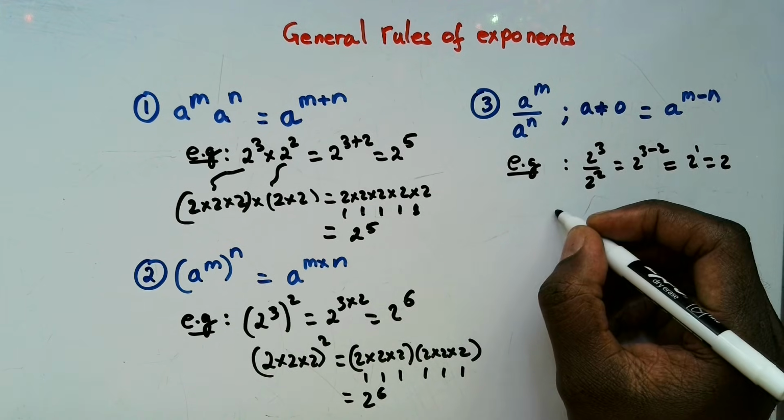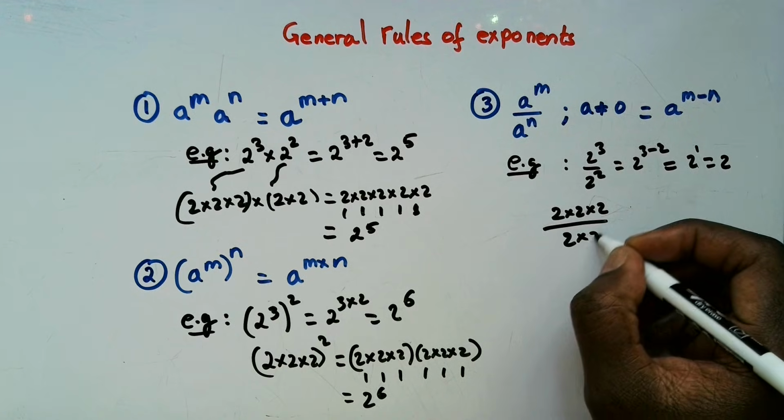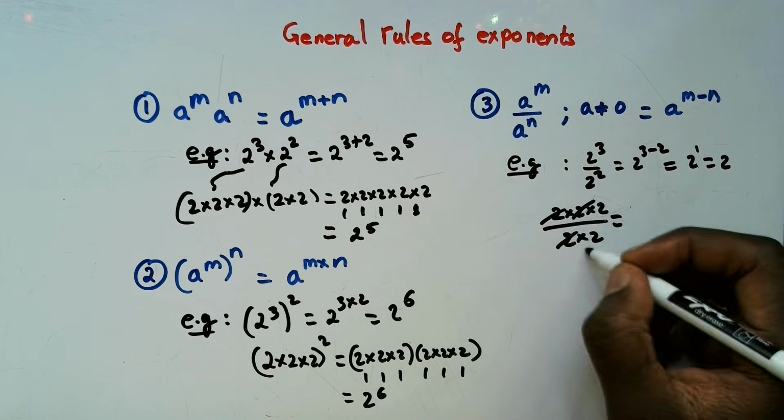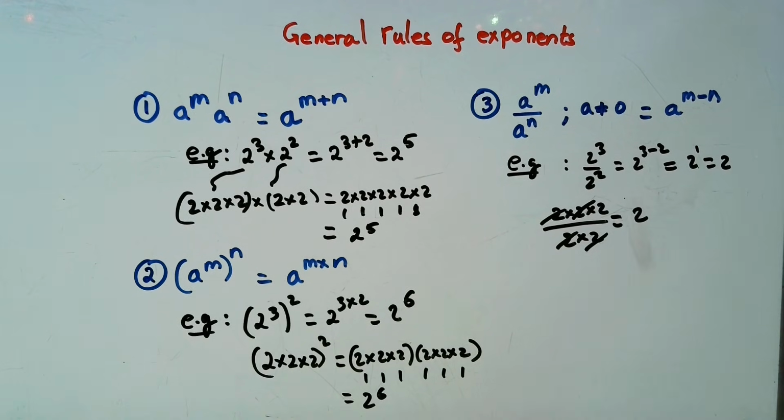Now we can once again test it. 2 times 2 times 2 over 2 times 2. So this cancels, this cancels, we're left with 2 only. Okay.